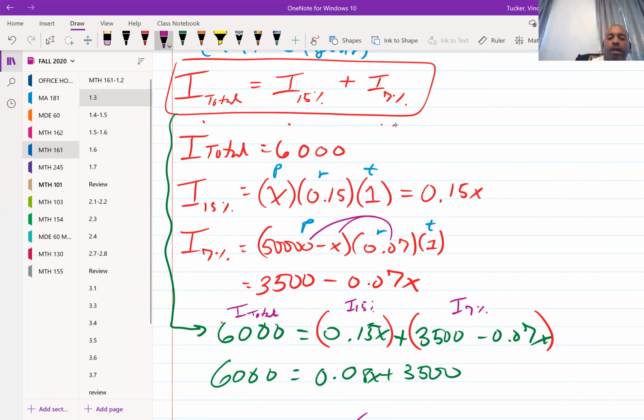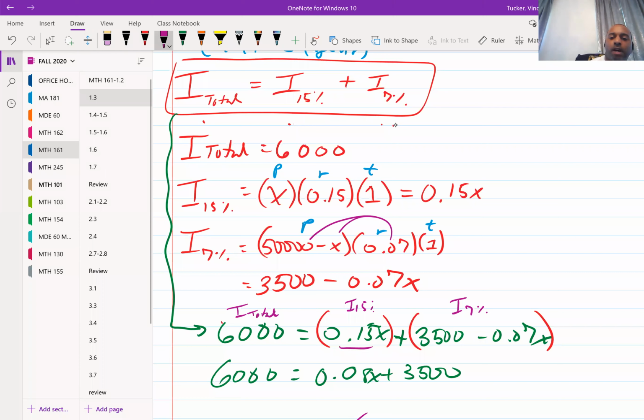So that's 0.15x plus 3,500 minus the 0.07x. I just put these red parentheses here to show you that this came from this account and this came from this account, but they aren't needed. Combine your like terms.